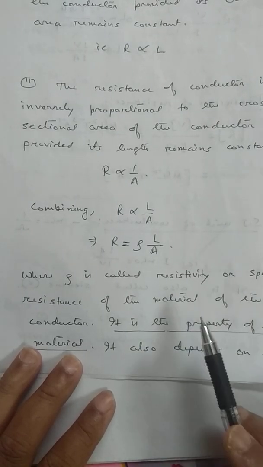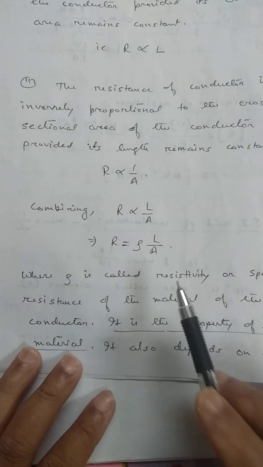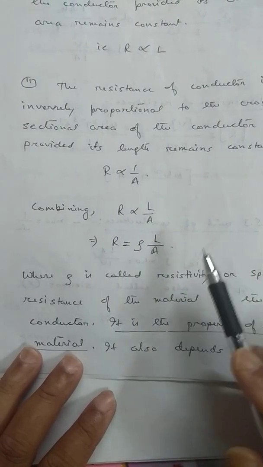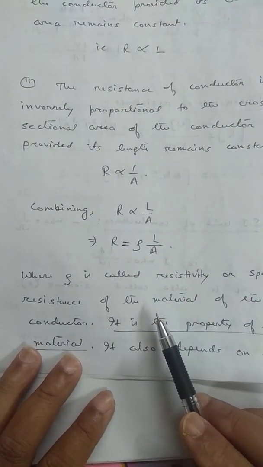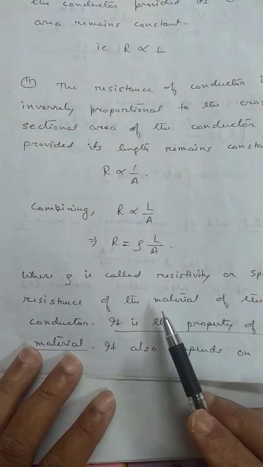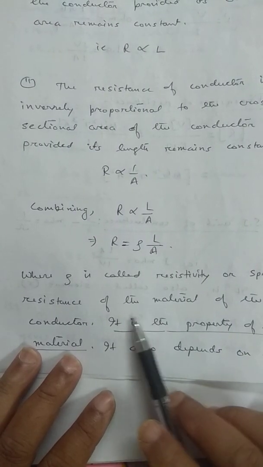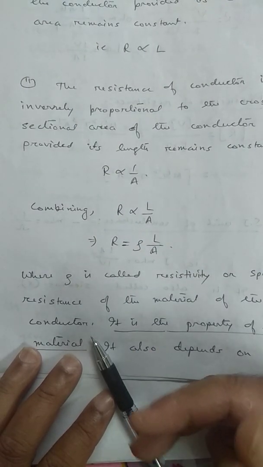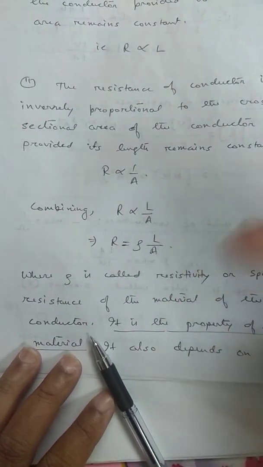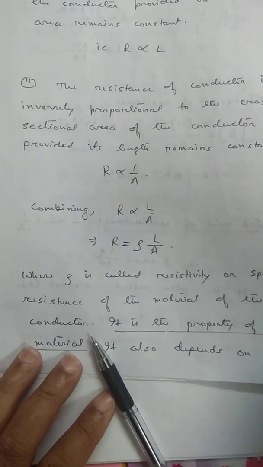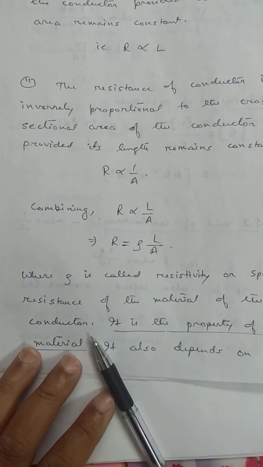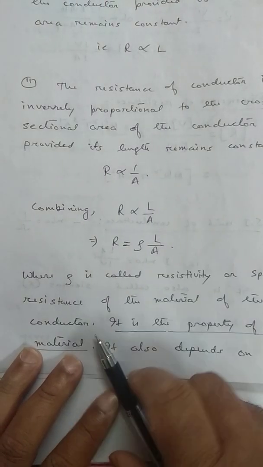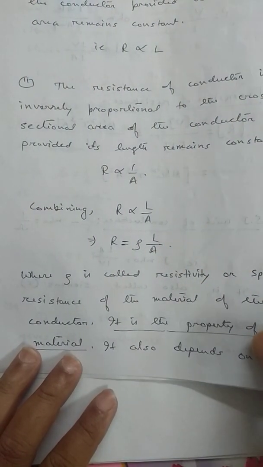That means two copper wires of different dimensions may have different resistances, but they have the same value of resistivity.